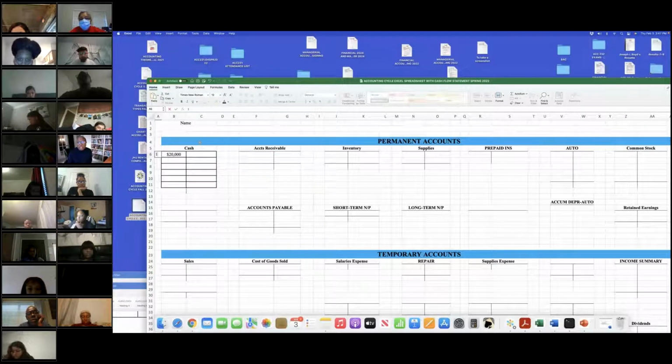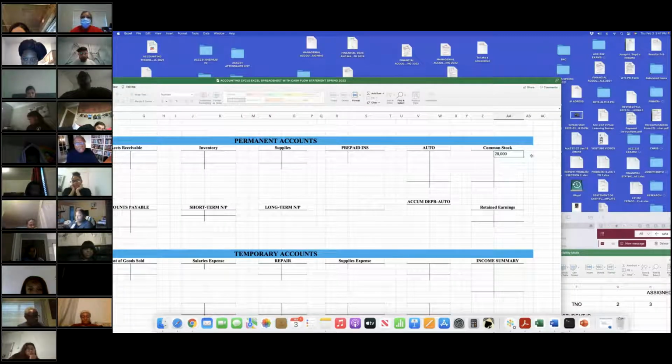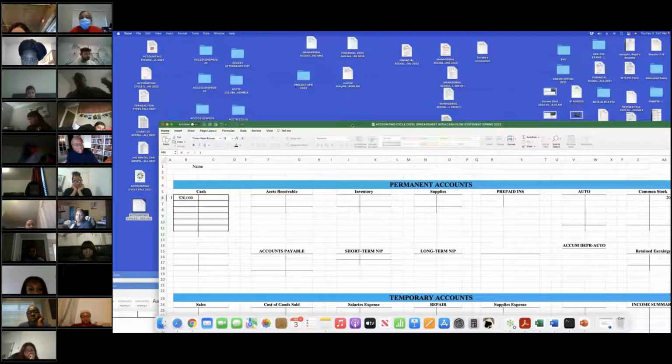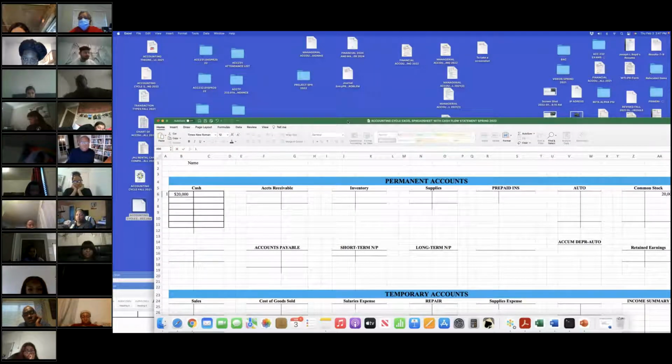You're going to go to common stock and put the 20,000. You're going to put a 1 in this little box here, because that's telling you that those postings relate to journal entry 1. So you go into the Excel spreadsheets, and of course we can auto sum and everything.